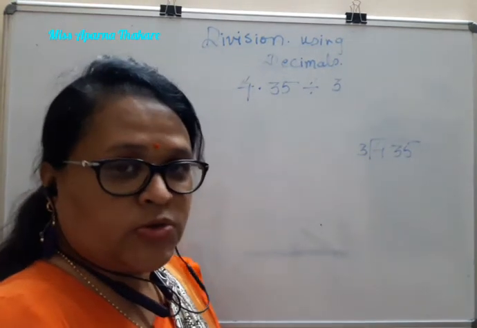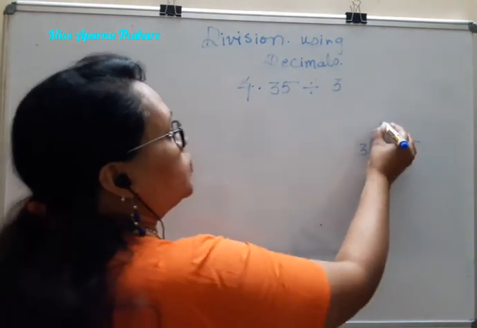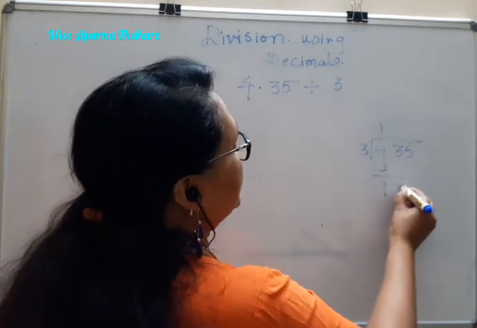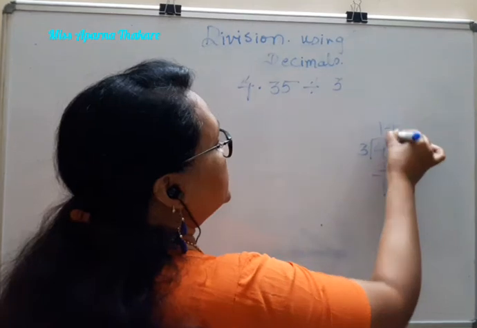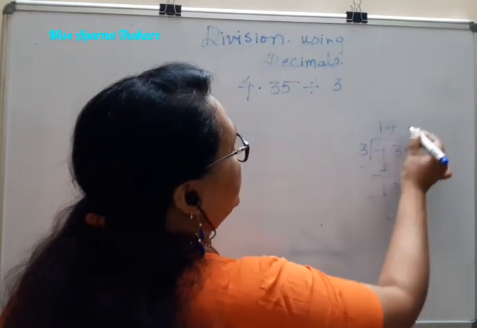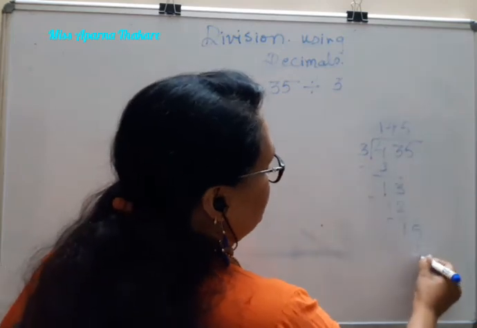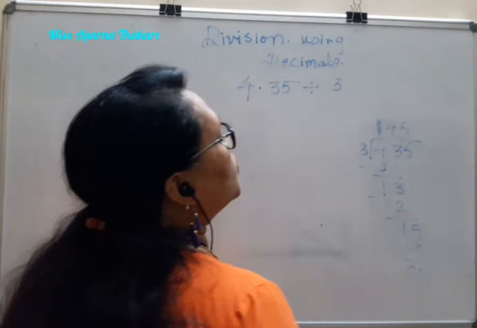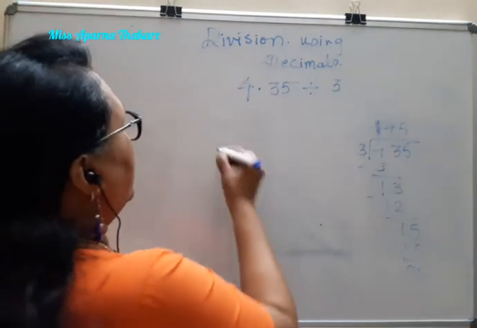Directly, everyone knows how to divide: 3 ones are 3, 3 fours are 12, and 3 fives are 15. The answer is 145.